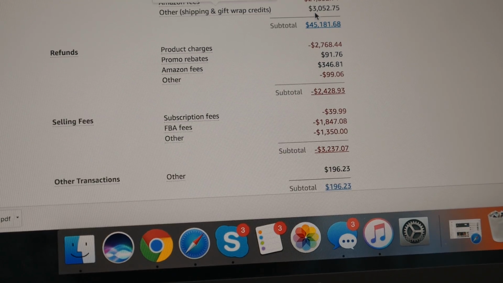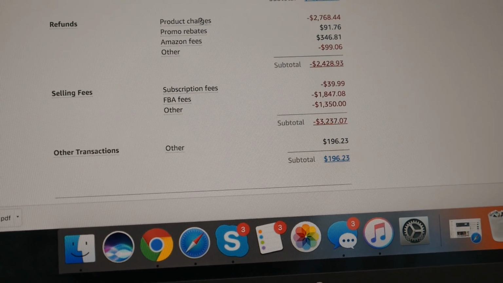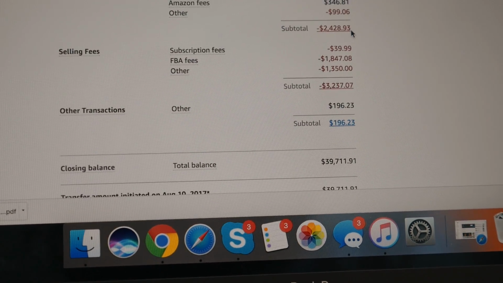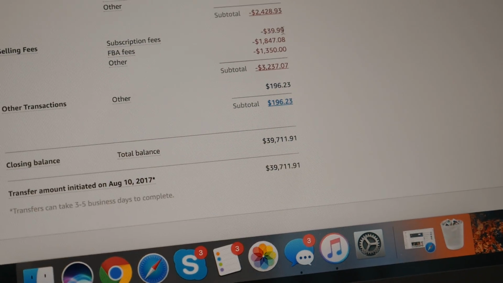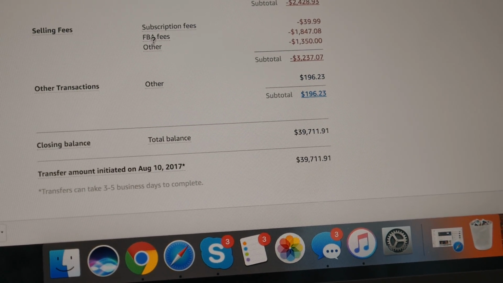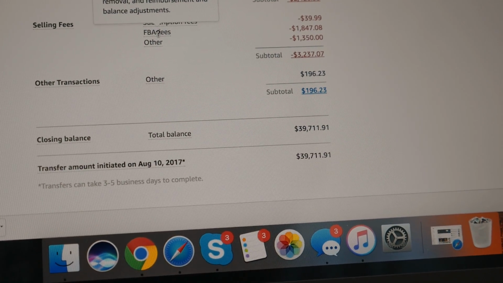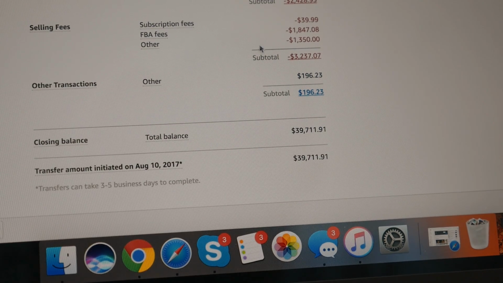This is extra money people paid for gift wrap, which you get back. Blah, blah, blah, refunds. It cost me $39.99 to sell on this platform, so I'd say that's a solid investment. FBA fees, these are other fees like storage, removals, things like that, $1,800.